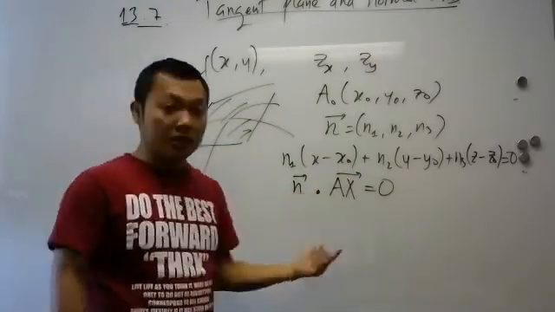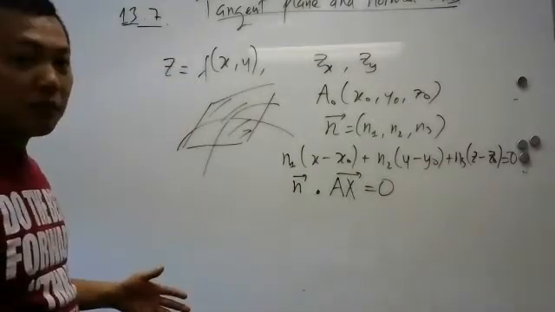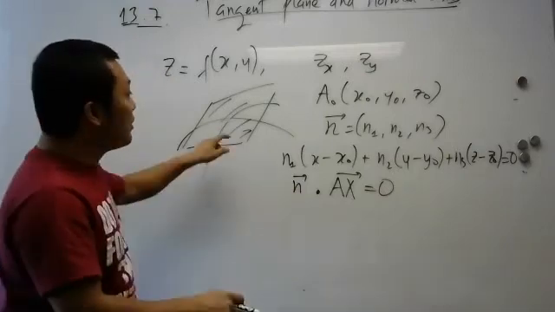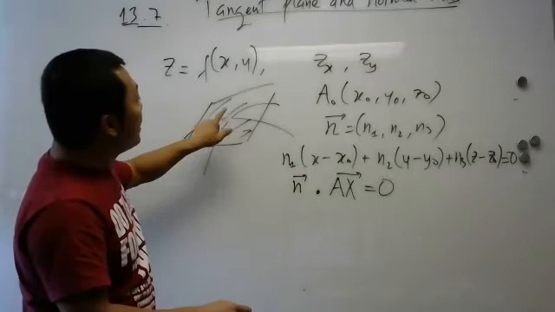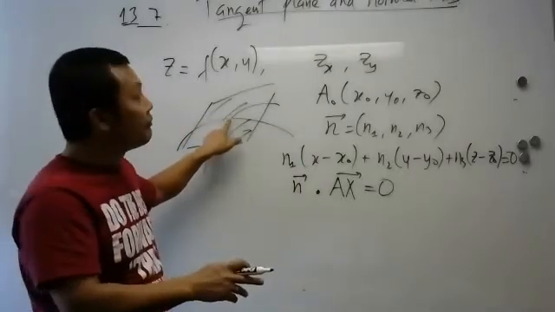So that's why the dot product is equal to 0. Okay, so that is about the tangent plane. So we need a normal vector to the surface. If you want to write the tangent plane, you need the normal vector to this surface at the given point. Okay, that is the motivation.